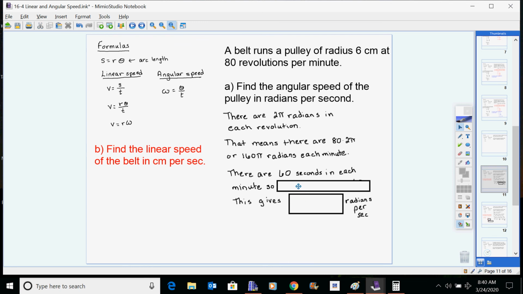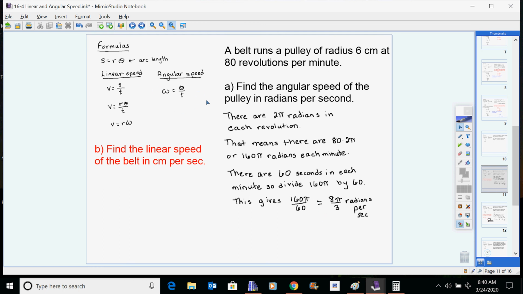That means that we would have to divide it by 60, because there's 60 seconds in each minute. This tells us how many each minute. Divide it by 60 so that we can find out how many radians every second. And this would be our angular speed in radians per second.